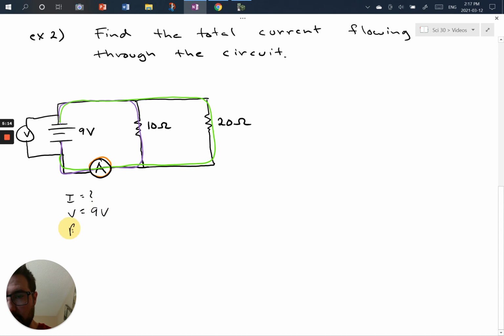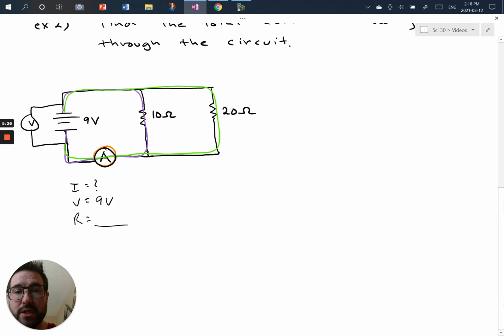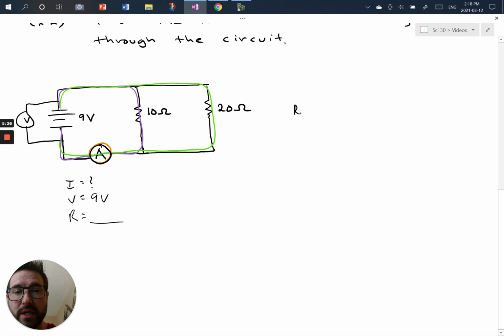Now my resistance: I have two resistors here. I have a 10 ohm resistor and a 20 ohm resistor in parallel. I'm going to have to do something here, and we need to think back. First we're going to need to find R total. If we remember from learning about resistance, if I want to find R total, I'm going to do 1 over R1 plus 1 over R2.